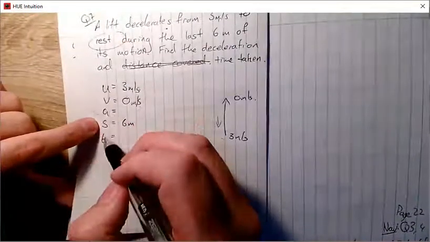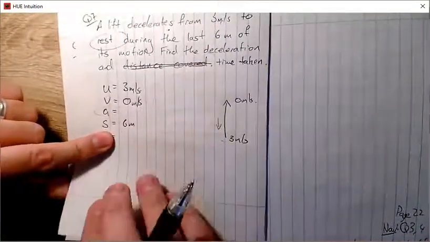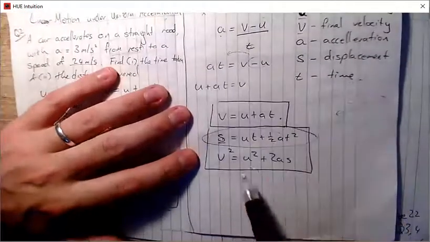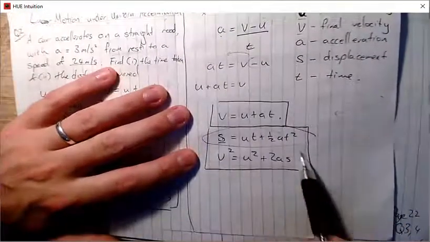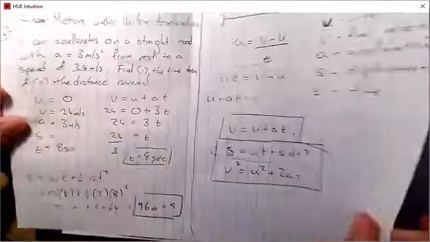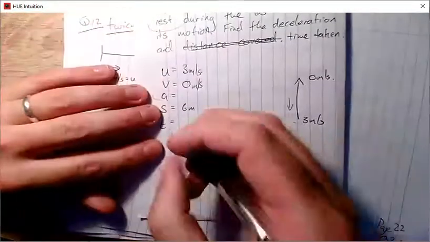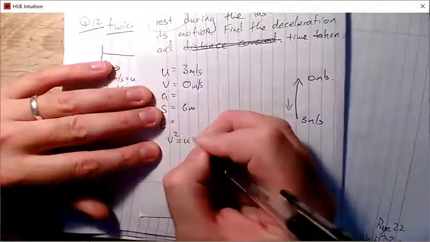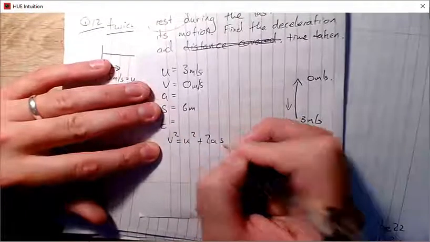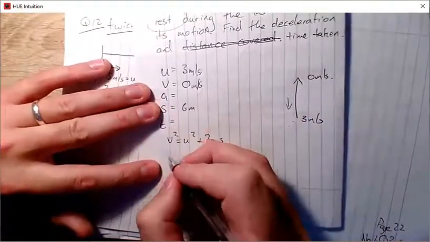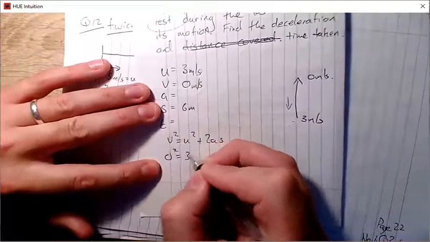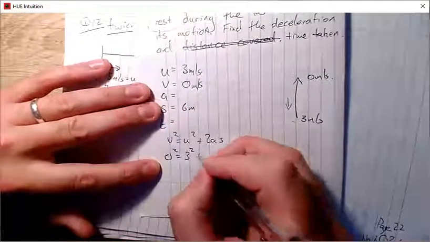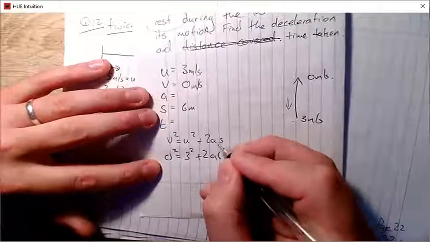So coming back here, well, we know 3. We're initially not interested in time, so you have to pick the equation that doesn't have time in it. There it is there, and plug in all of your quantities. v squared equals u squared plus 2as. Now that becomes 0 squared equals 3 squared for u, plus twice the acceleration times 6.